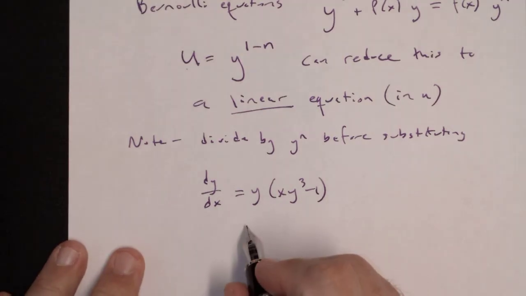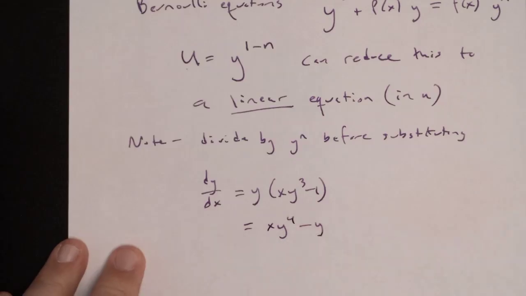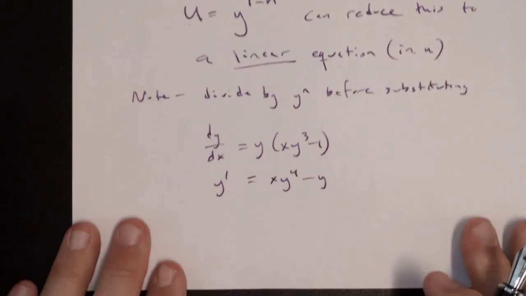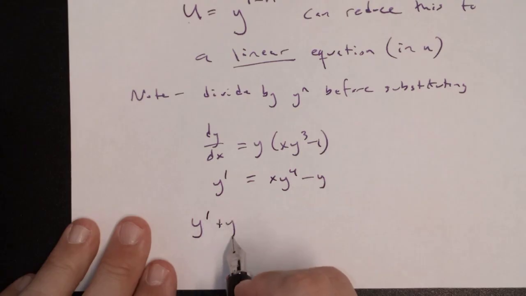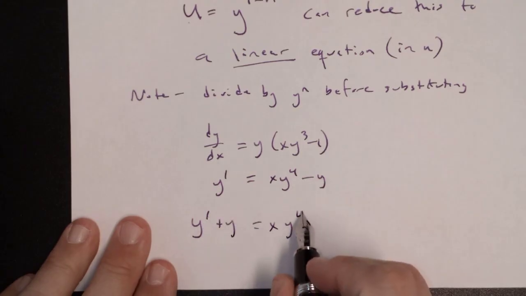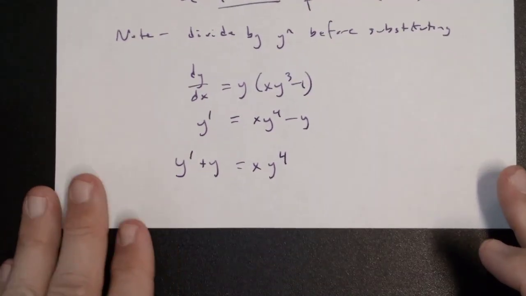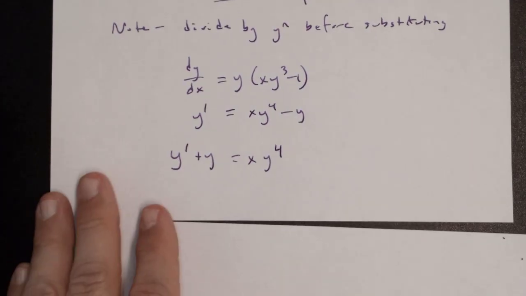This right-hand side is xy to the fourth minus y. And this left side is a y prime. If I move this y over here, I have y prime plus y equals xy to the fourth. If it was just an x on the right-hand side, this would be linear. But it's not. That y to the fourth is in the way.